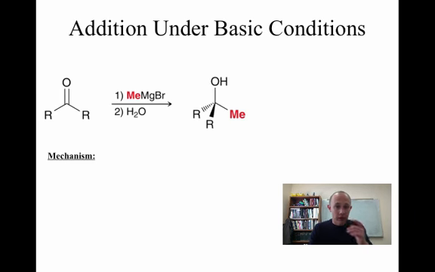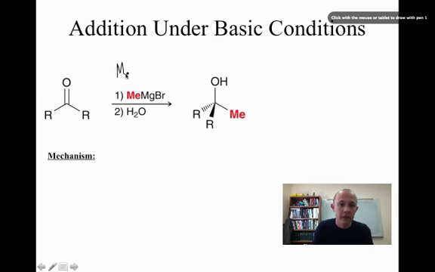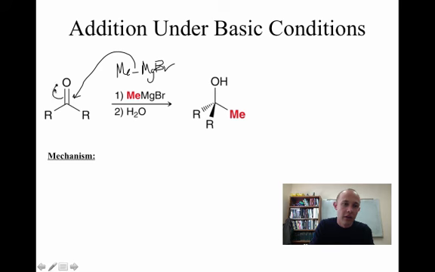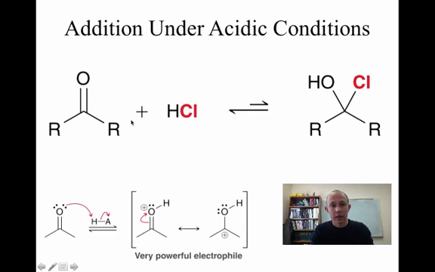So for example, let's say we've already looked at a reaction like a Grignard reaction, right? So if you have methyl magnesium bromide, that's a really strong nucleophile. We're under basic conditions, so nucleophilic attack is going to happen first, followed by protonation in a second step with a molecule of water.